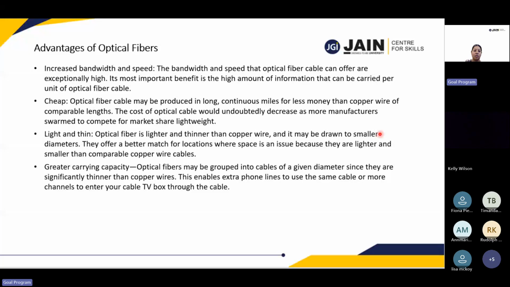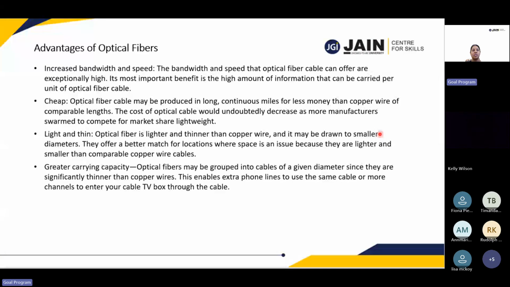Then we have cheap. Optical fiber cable may be produced in long, continuous miles for less money than copper wire of comparable lengths. Okay, fiber optic cable is produced for longer distances, continuous miles and miles of distance that can be done using a single mode fiber optic cable.